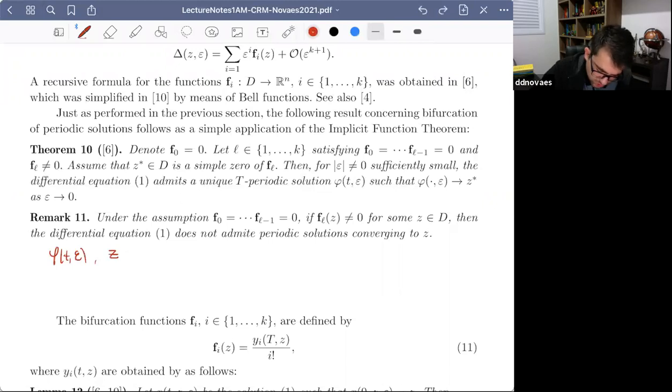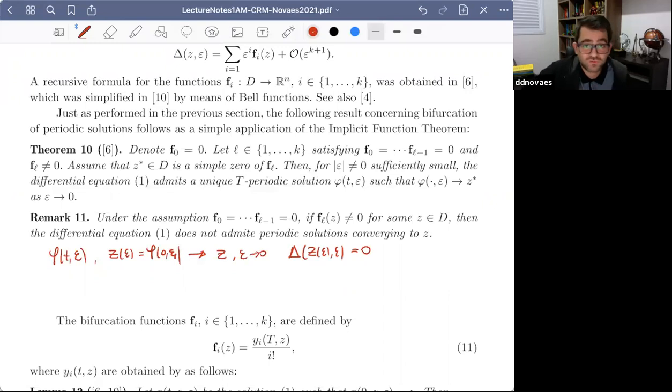The initial condition, which depends on epsilon, is equal to phi 0 epsilon. And we know, and suppose, that it converges to z when epsilon goes to 0. We know that the displacement function applied in this initial condition is identically 0 because it's the initial condition of a periodic solution for every epsilon.